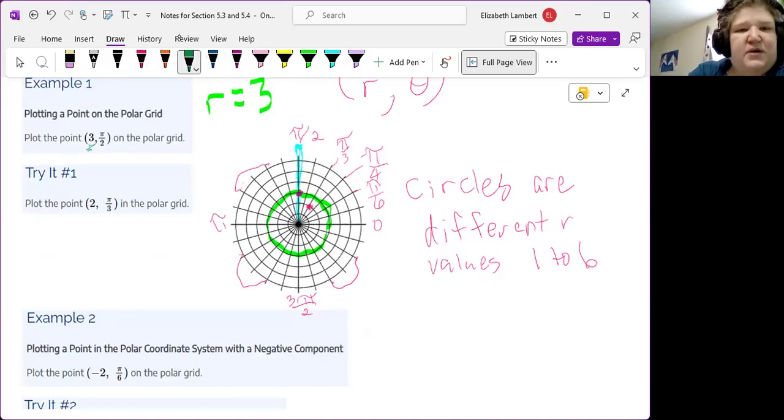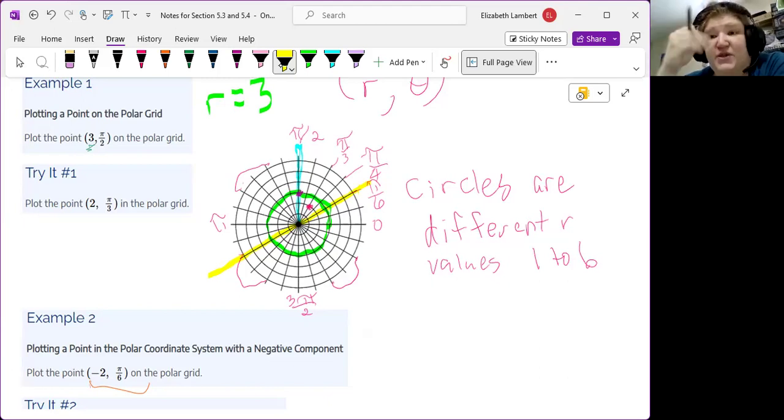So down here we have negative 2, pi over 6. So here's our pi over 6 line, which is shared with 7 pi over 6. Just like in trig graphs, there's a pattern and it repeats.